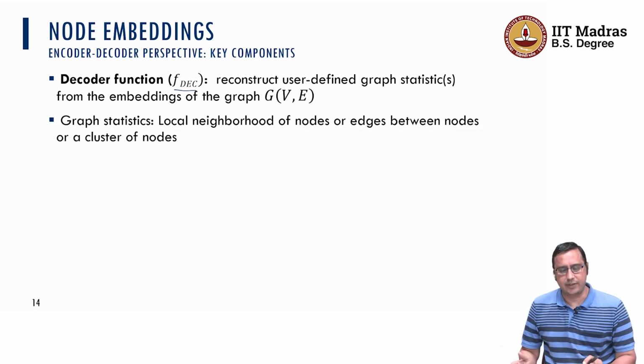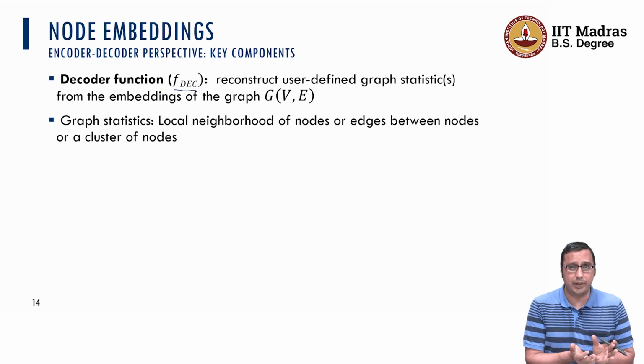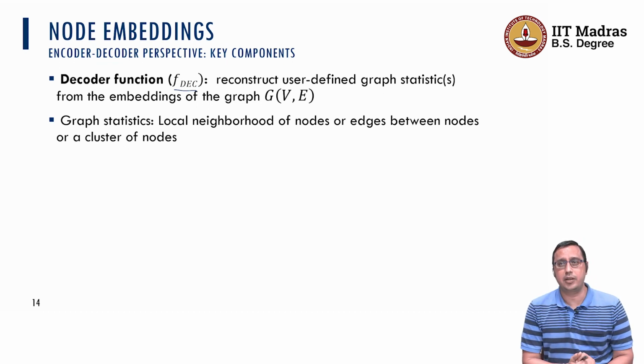Now graph statistics can be different. We may want to preserve the local neighborhood of the node, like adjacency, which provides some kind of information, or other higher order information. If we want to preserve them, we are going to use those as graph statistics, like edges between nodes, or clusters of nodes, or the graph in general.